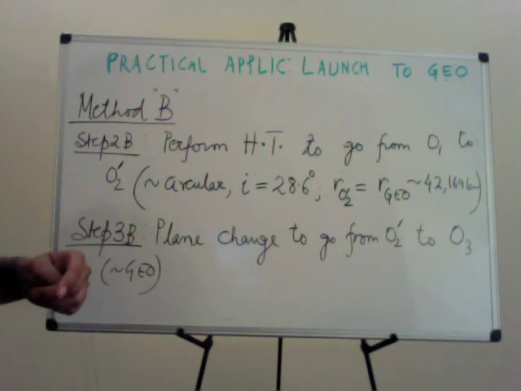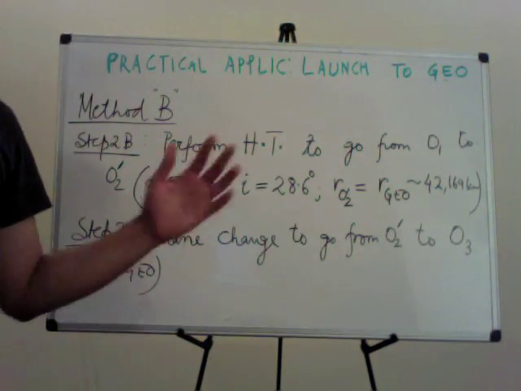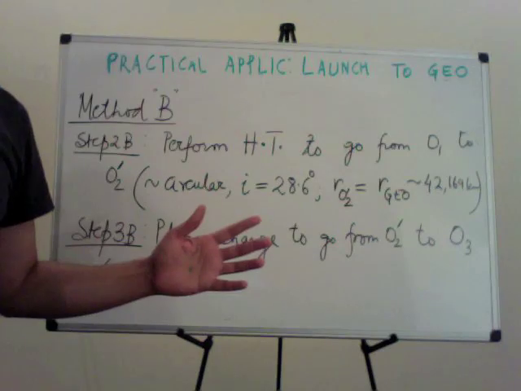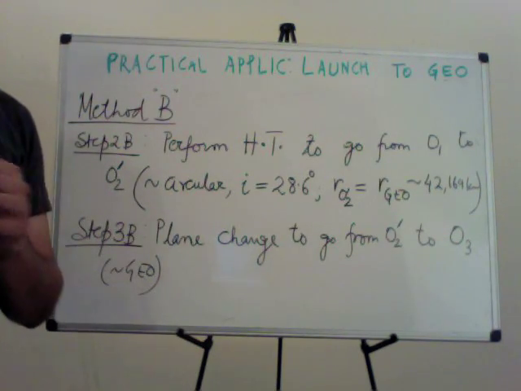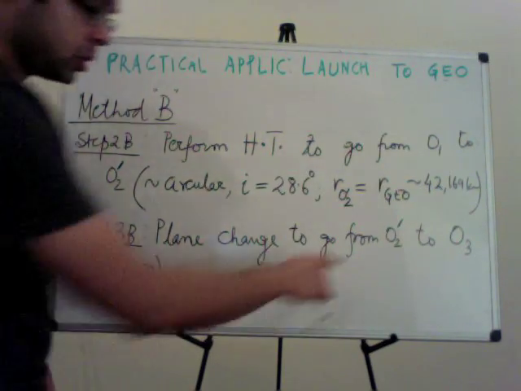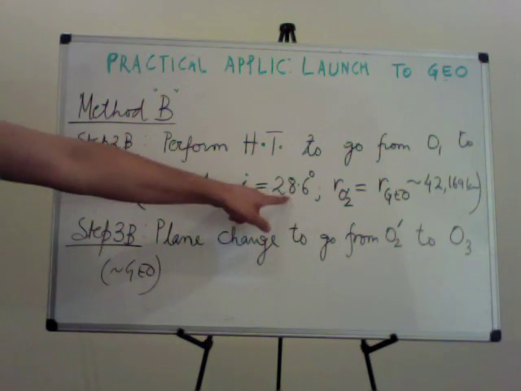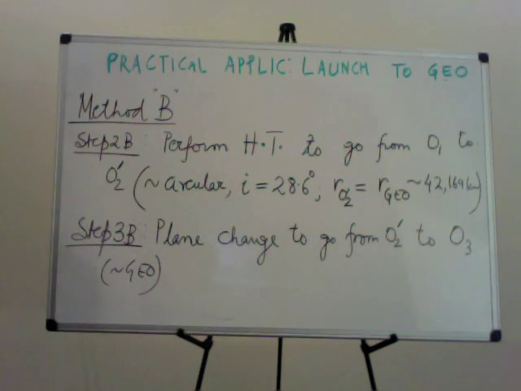The only difference between O2 prime and O3 is that they have a different inclination. So at the descending or ascending node of O2 prime, I'm going to perform a plane change maneuver of this magnitude, 28.6 degrees, to make the orbit equatorial.